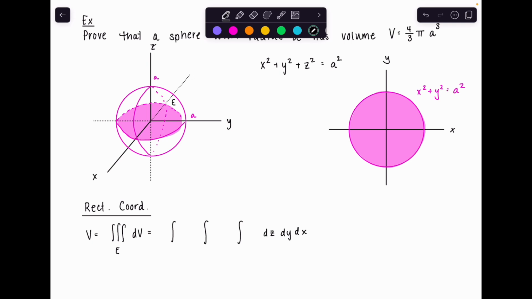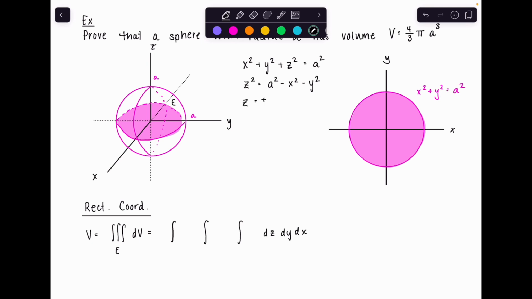So I've got to start by figuring out what z is changing between, and in this case it's always going to start at the bottom half of the sphere and go to the top half of the sphere. So what I really need to do is solve this for those two hemispheres. So moving that over, this gives me z squared is a squared minus x squared minus y squared.